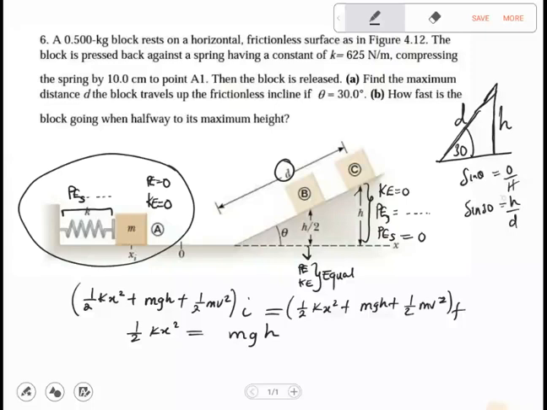Making h the subject of the formula, h is equal to sine 30 times d. That means where there's h here, we are going to replace it with d sine 30. So we have half kx squared equal to mg d sine 30. Then we'll take this one and solve it, of course. So we can get rid of the 2 in front here.